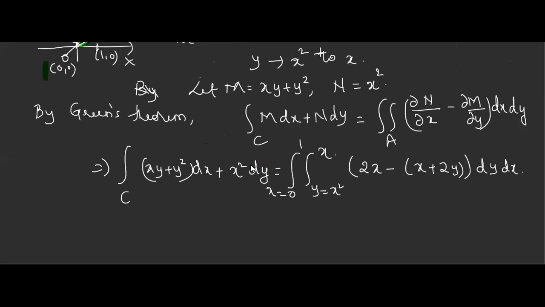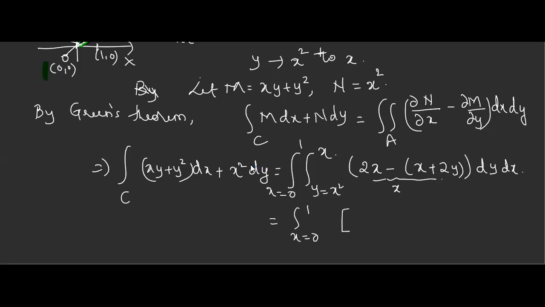Now the next part is integration. So x is varying from 0 to 1. What is the value of this? 2x minus x is x minus 2y. I'll write the simplified part here instead of writing one more step.